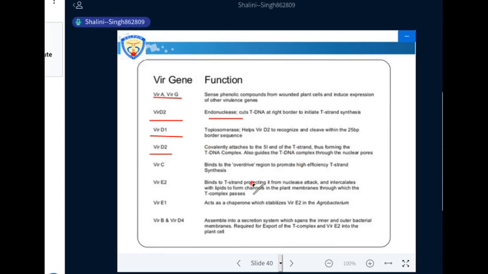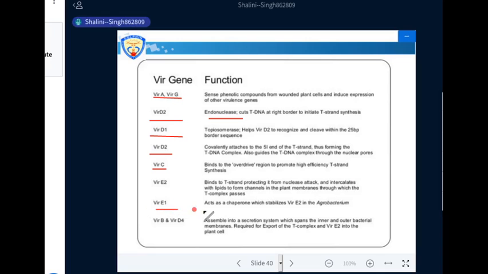VirD2 is also covalently attached to the 5' end of the T-strand, thus forming the T-DNA complex, and also guides the T-DNA complex through the nuclear pores. VirC binds to the overdrive region to promote high efficiency T-strand synthesis. VirE2 binds to the T-strand, protecting it from nuclease attack, and intercalates with lipids to form channels in the plant membrane through which the T-complex passes.